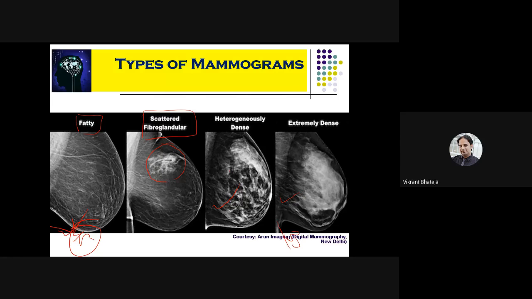So you can correlate that the younger the woman, the higher the density of tissues in these images. A tumor may be present, but it is in the background of these tissues. Tissues are white, and the tumor is also white, so it is very hard to discern the tumor at a very early age.